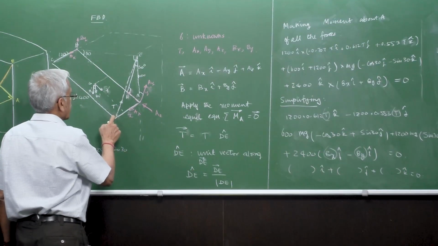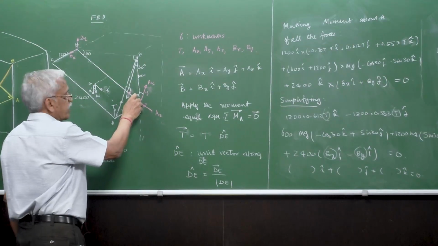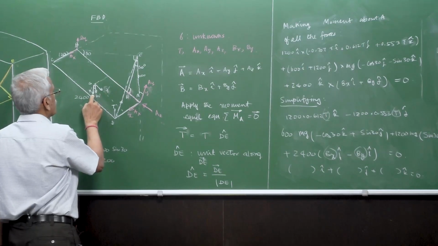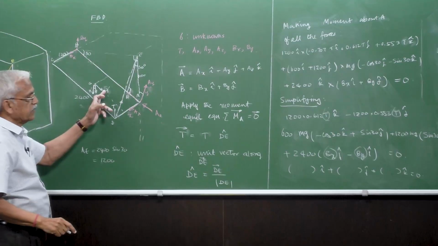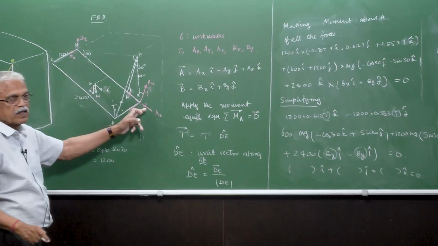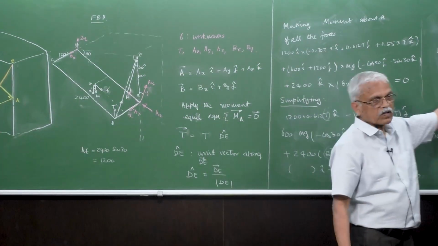T in the vertical direction here will have a moment about this axis, and W in the vertical direction, so this Wy will have a moment about this axis. The Z component of W will not have any moment about this. So that is exactly what this equation is all about.